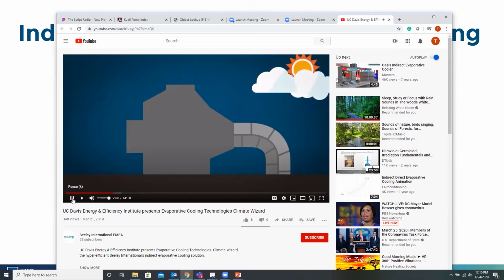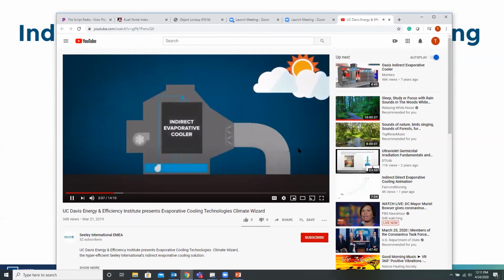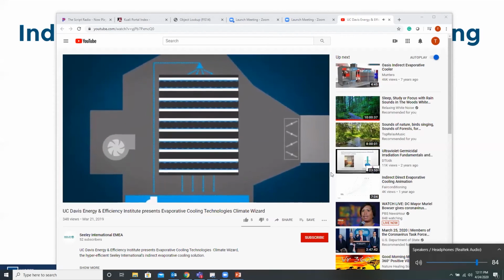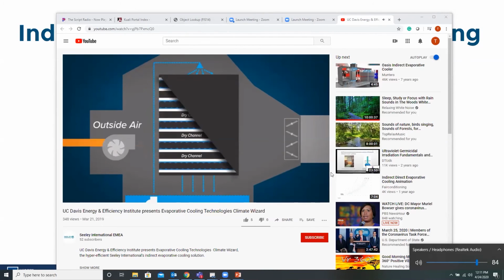And adds no humidity. It does this by using the indirect evaporative cooling process. Let's explain that further. The heat exchanger in the Climate Wizard is made up of a series of alternating wet channels and dry channels, which are designed to transfer heat between them. Hot outdoor air enters the dry channels of the heat exchanger through a high efficiency fan.